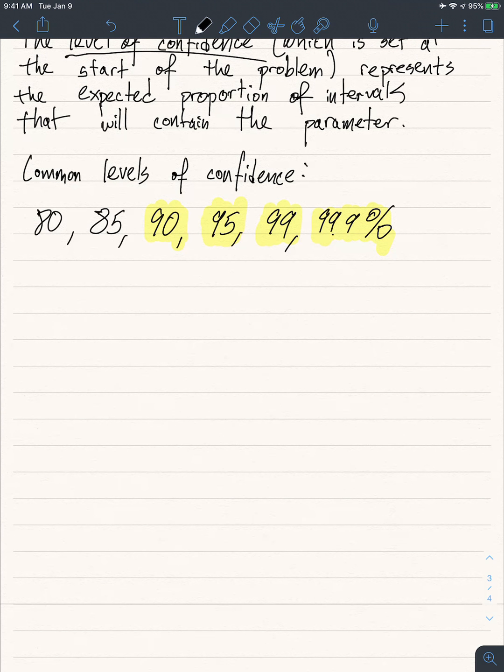With the levels of confidence comes something called a significance level, which I'm going to define now. The book doesn't really do it, but they throw a symbol at you without really letting you know what it means. So let's do that.